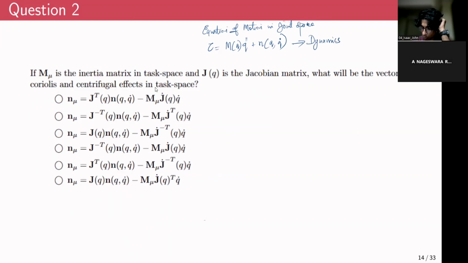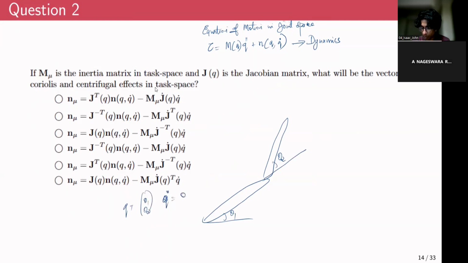So in case of a 2R robot, something like this, the generalized coordinates would be the joint variables theta 1 and theta 2, which would fully define the configuration of the robot. So q would be theta 1 and theta 2. q dot would be theta 1 dot and theta 2 dot. And q double dot would be theta 1 double dot and theta 2 double dot.